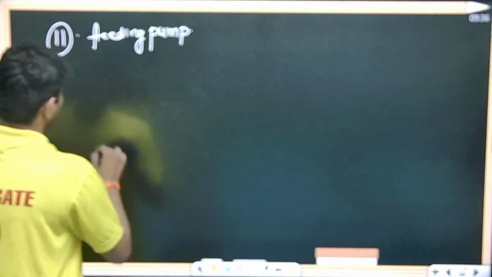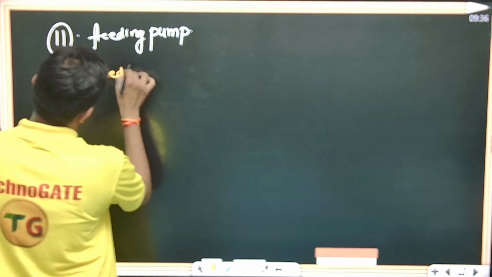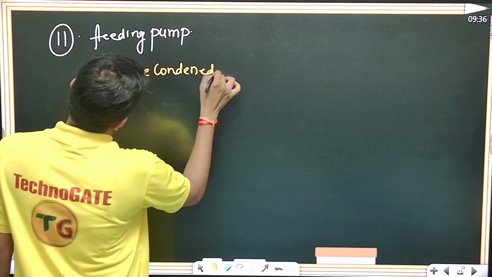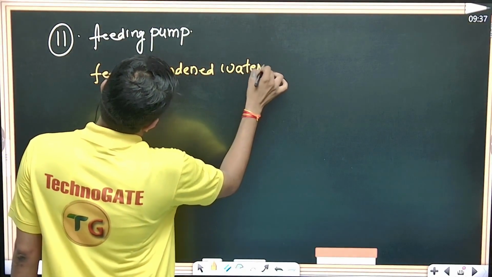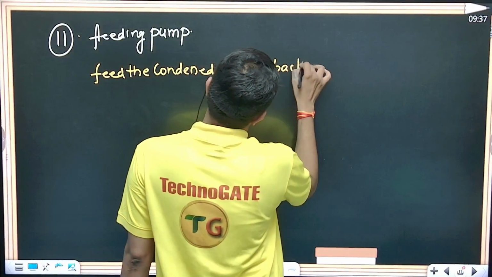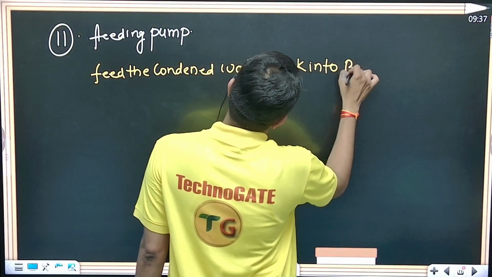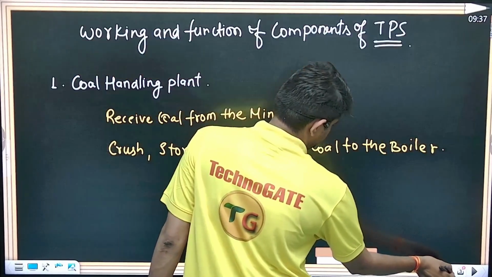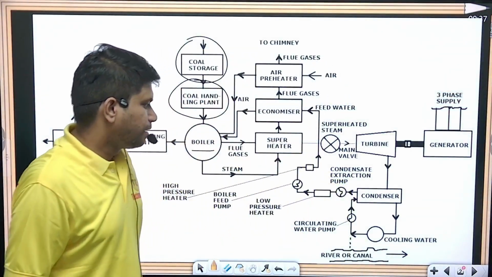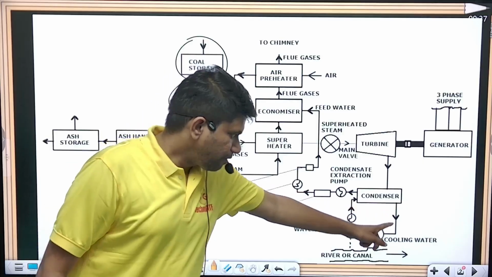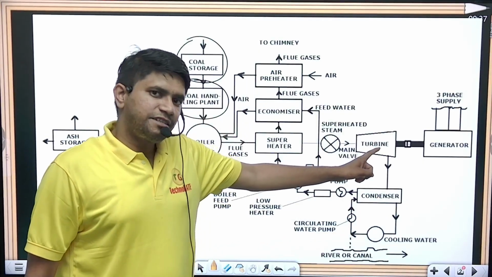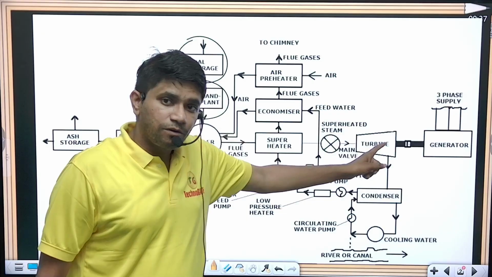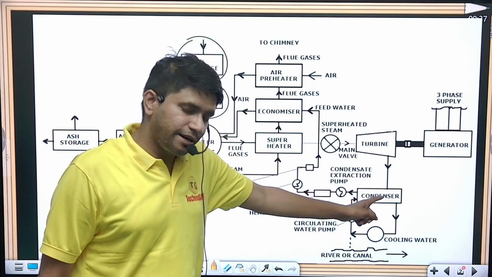Please try to understand what is happening here. Now, we have a condenser, we have a cooling tower. The high pressure, high temperature steam was there. Now that steam was provided to the condenser.